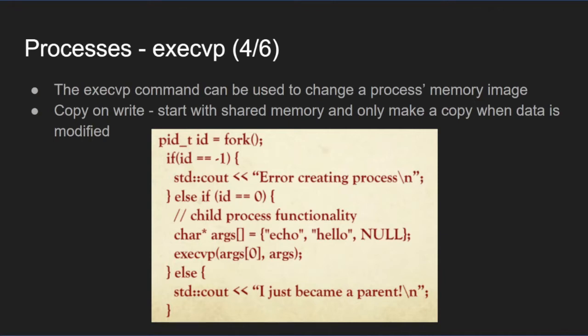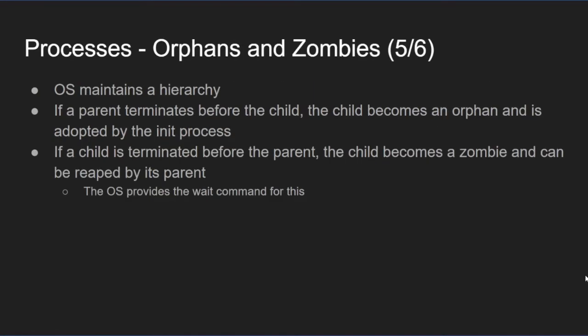What it is is copy on write: it starts with shared memory, and it only makes a copy when the data is modified. And with processes, when you create a clone, it's called a child. The OS has a hierarchy.